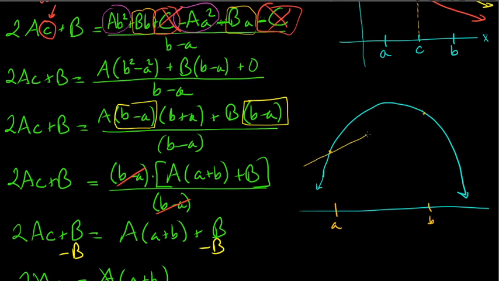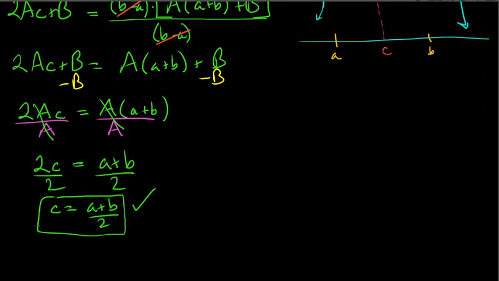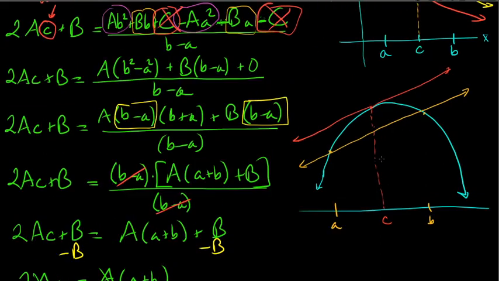If you connect those 2 points with a line, for the parabola, right, the points where the tangent line matches the secant line will be exactly halfway between the a and the b. That's what this says. Okay?